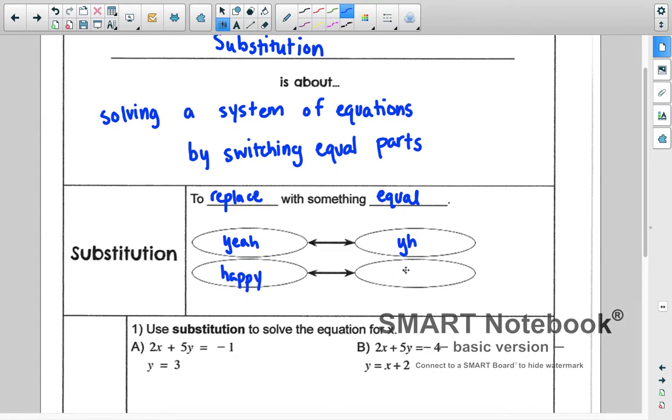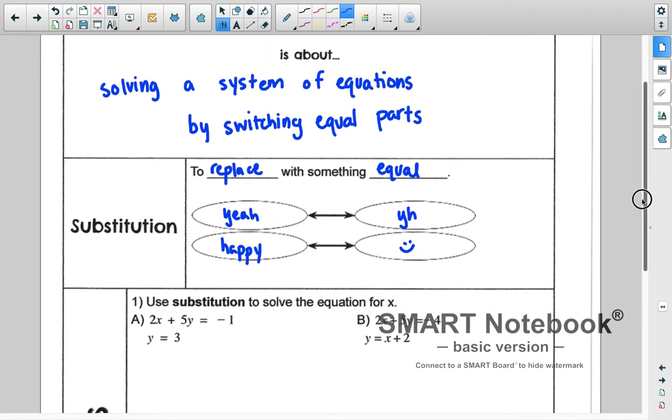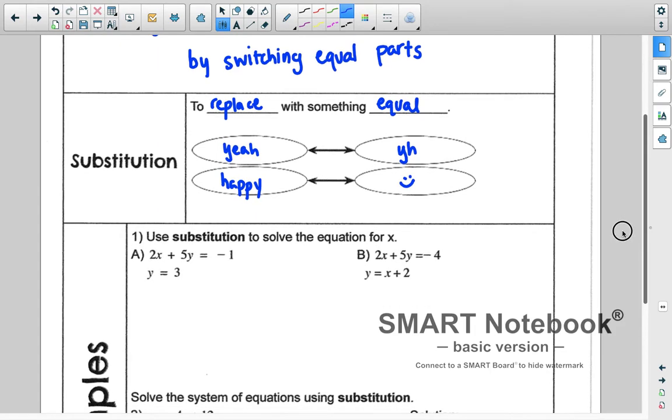So you just might use that happy smiley face emoji. Okay? So lots of things that we switch out in real life. If you wear PJs, a lot of people call them pajamas, but you could call them PJs. Lots of things like that.